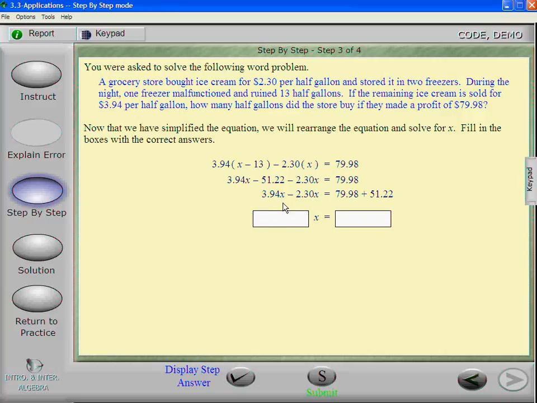If we've got these x terms together, 3.94x minus 2.30x, I subtract the numbers out front, I've got 1.64x, and that should equal 79.98. Think of it basically being like 80, right? You end up with 131.22, but then you have to take away 2. So 131.20.